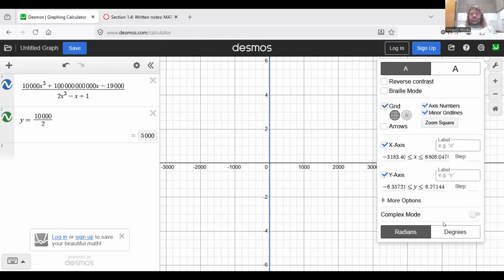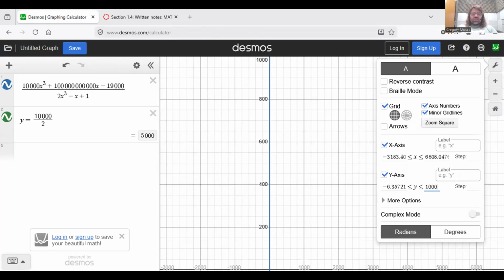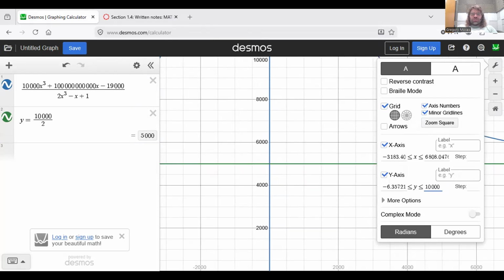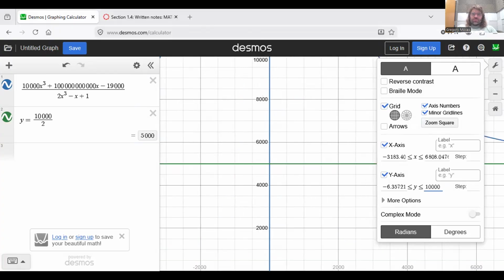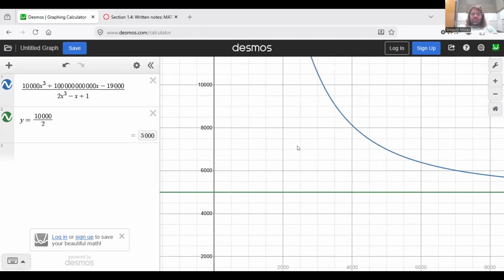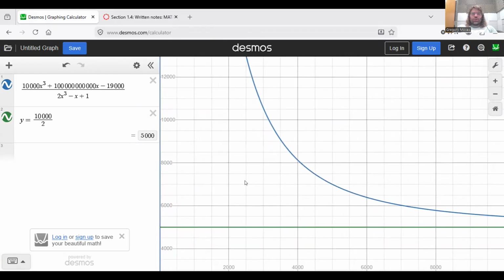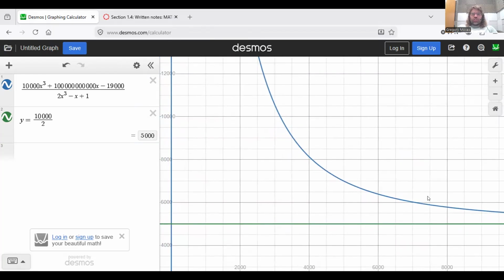Let's change this magnification and let's see if that looks like it's true. So here is the function. I mean, there's sort of a smear here. This is coming from some kind of vertical asymptote.